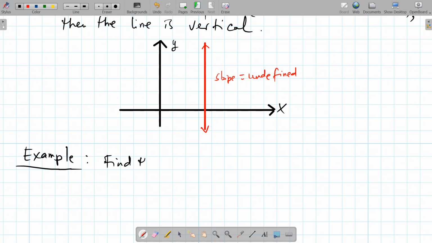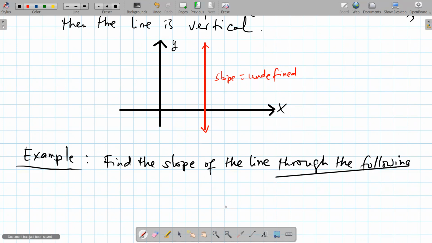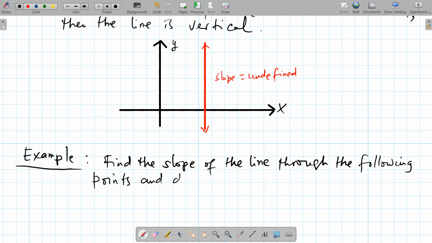Find the slope of the line through the following points, and determine the direction of the line.